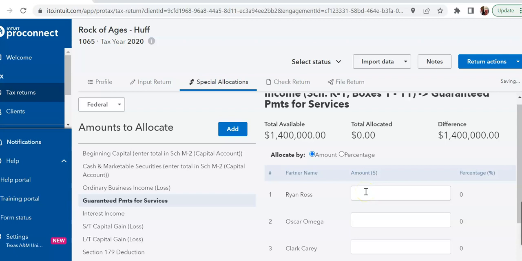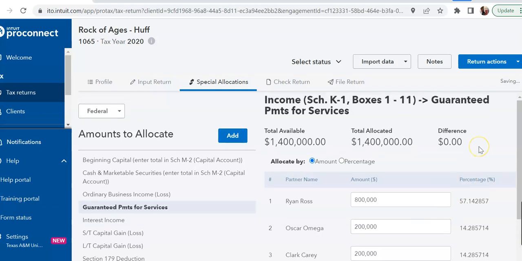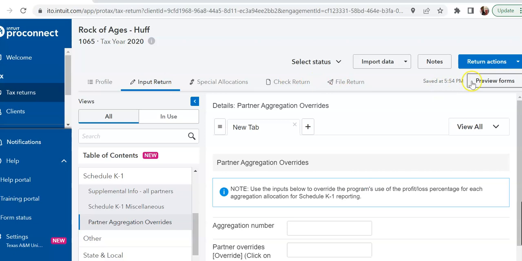So I put the 800 to Ryan Ross and the 200,000 to the others. And I already did this. I don't know why, I guess I'll do it again. And then the 600 I split between them all. So there, everything's allocated. And it has saving, so we'll see if it worked.